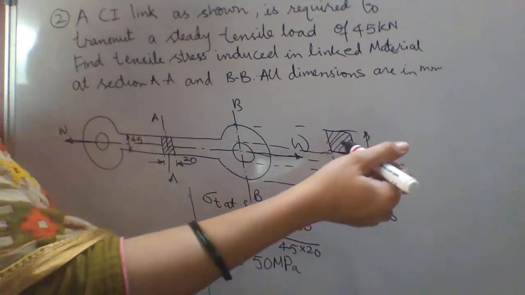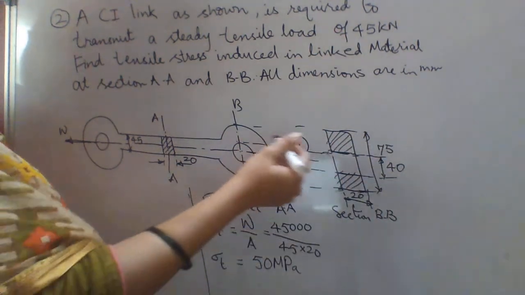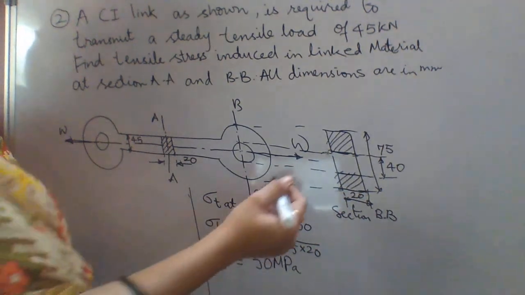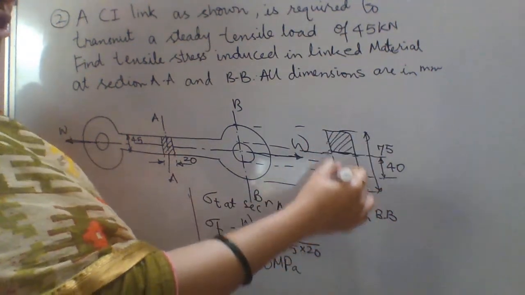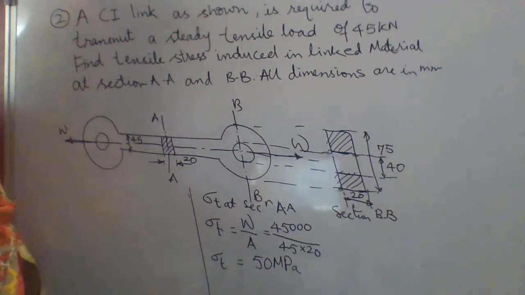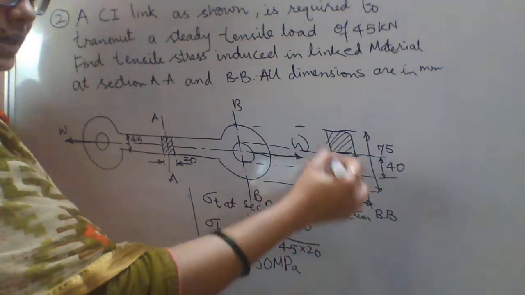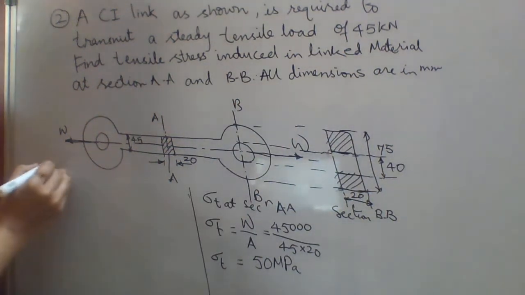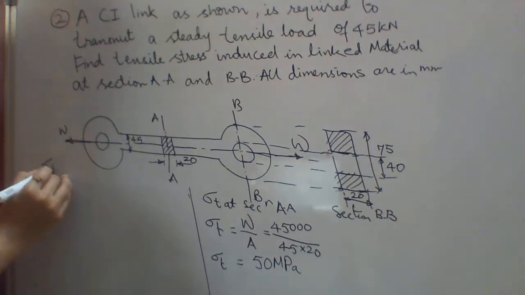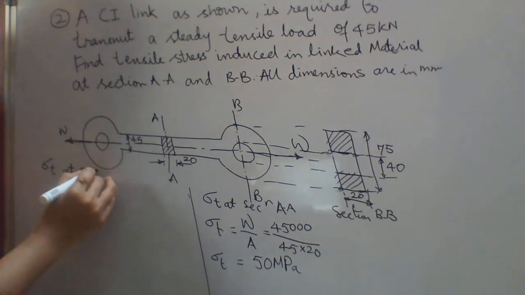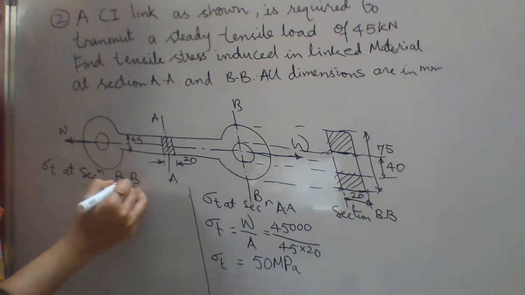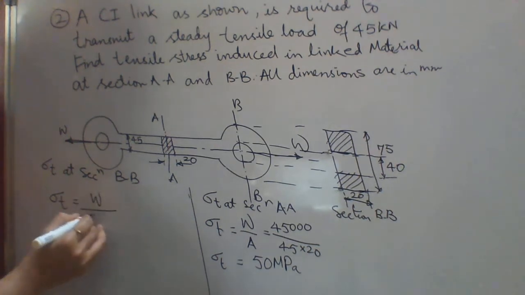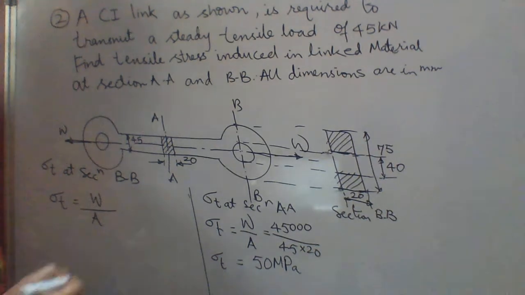When we see the side view, because the tensile stress will be induced in the side view of that section, the section looks like this. The big rectangle minus this small rectangle gives this area. So sigma T at section BB is equal to W upon area at section BB.